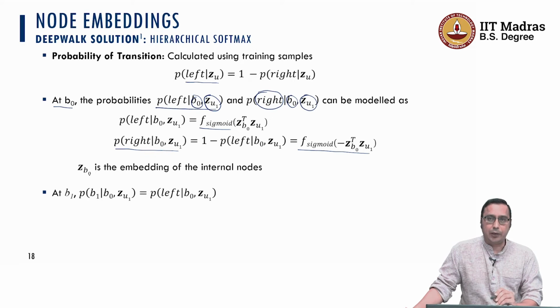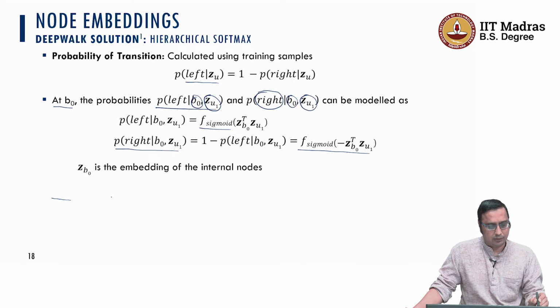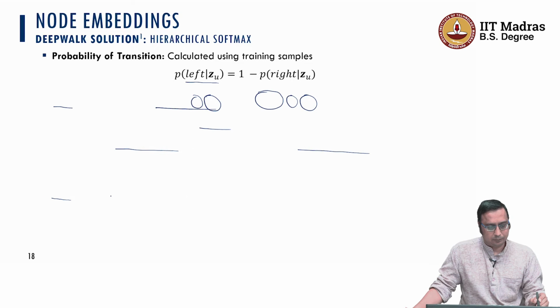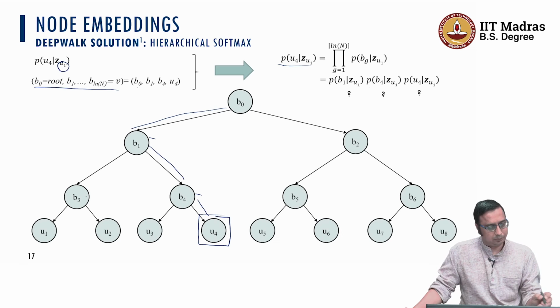So, with these probabilities, we can predict the probability of B1 given B0 and ZU1. If you look at our graph, this is the path we have to follow.